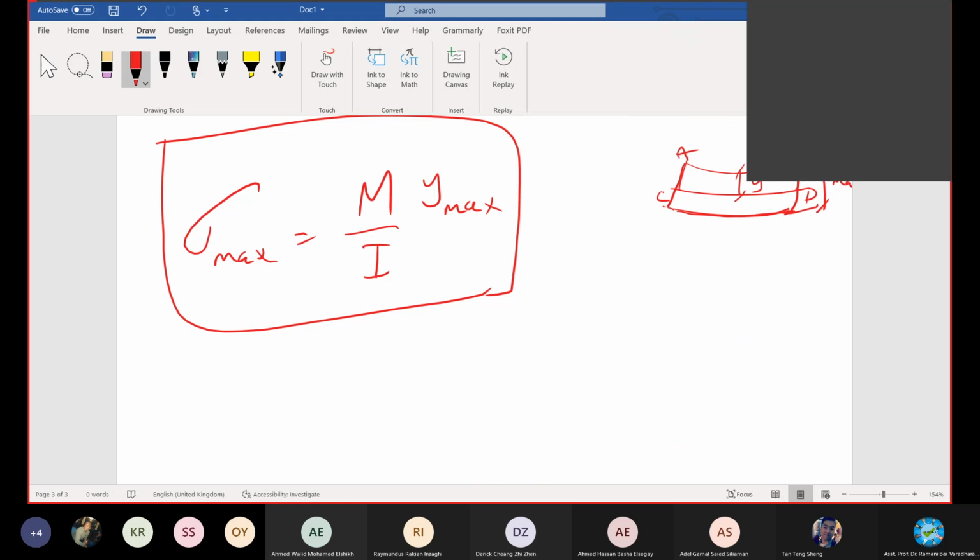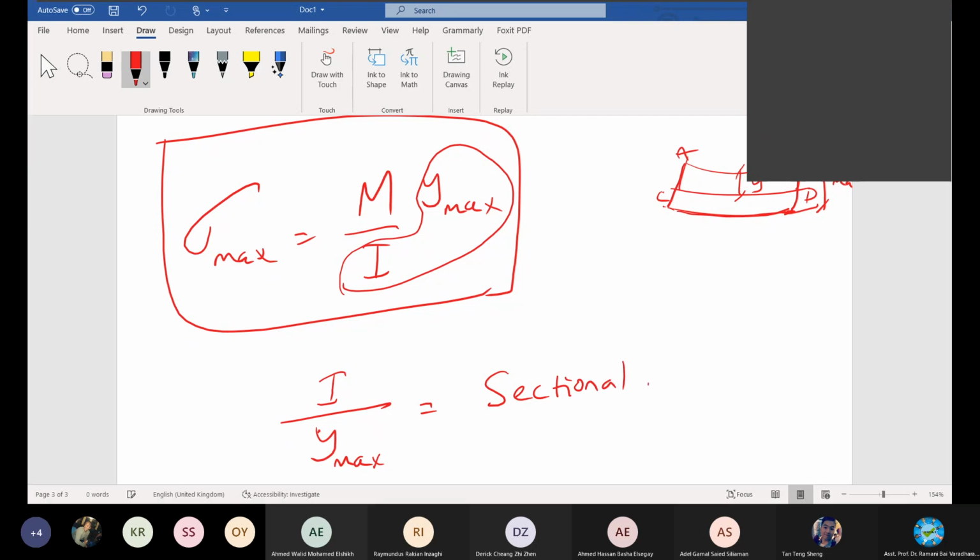I'm going to introduce another value for you. What is I by y max? Can we replace this? I by y max, you can just name this as the section modulus, or simply S. You can replace it with the section modulus.